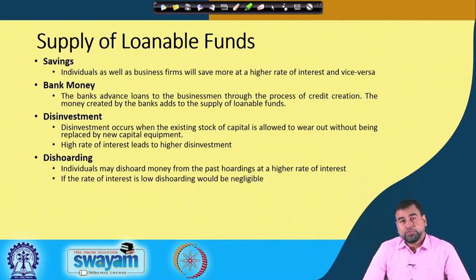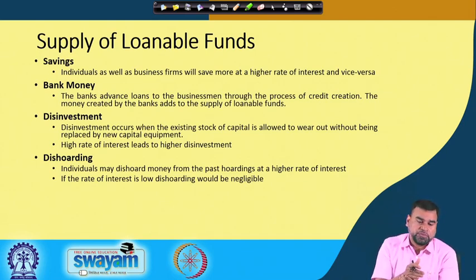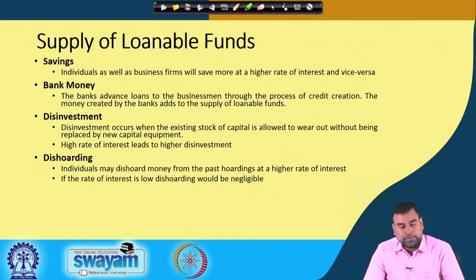So, whenever the interest rate is high, dishoarding will take place, and dishoarding will basically not be there whenever the interest rate is low. So, the individuals may dishoard money from past holdings at a higher rate of interest, and if the rate of interest is low, then dishoarding will be negligible.